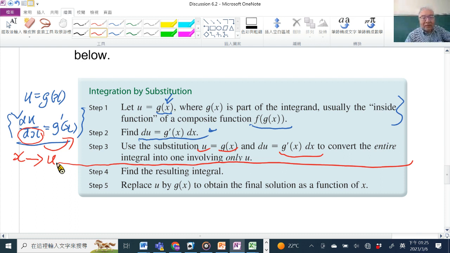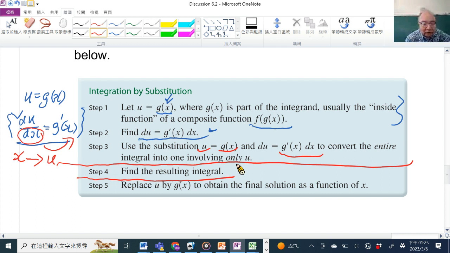All right, and after that, expect to come out with the integration result in indefinite integration format, that is some function plus a constant c. Remember, at this stage your integration result is in terms of the variable u.